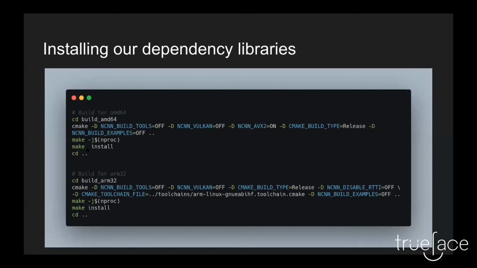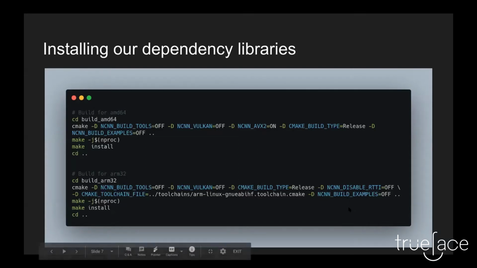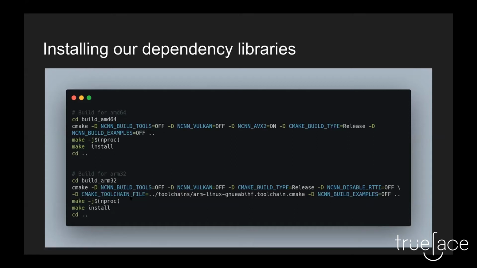What I want to point out here is the main difference between the AMD 64 version, which is your typical x86 architecture, and the ARM32 version. In the ARM32 version, in addition to a few extra flags we have to add just to tweak things, we also have to pass this CMake flag called CMake toolchain file.